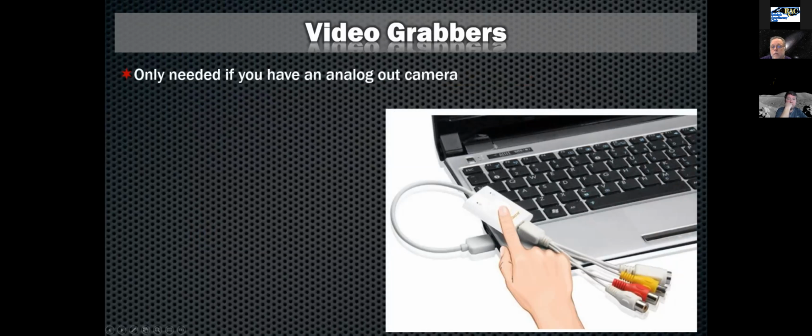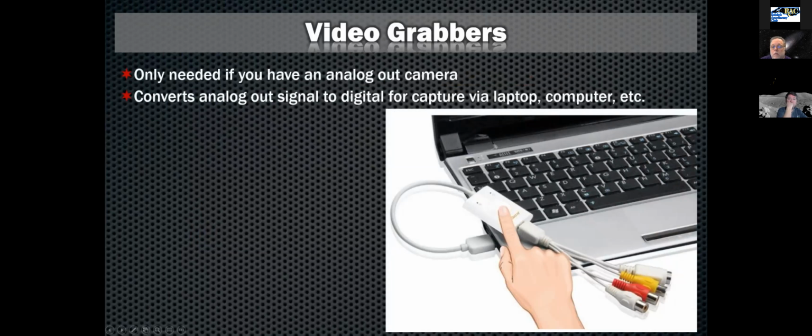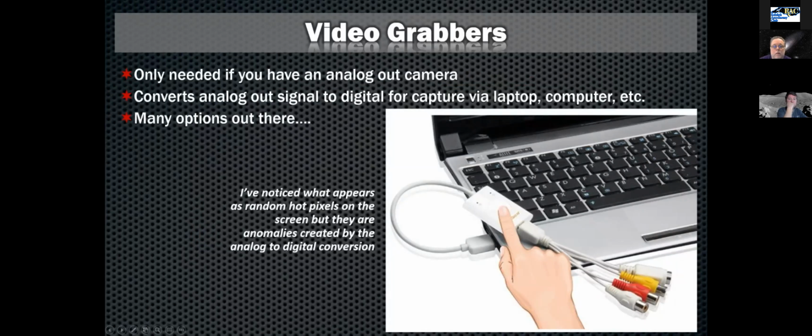Video grabbers are only needed if you've got one of the analog out cameras. This is where it basically converts that analog out signal from the camera back to digital, so it can be used by the laptop. But I've found that it gets some weird signals, almost like randomized hot pixels.